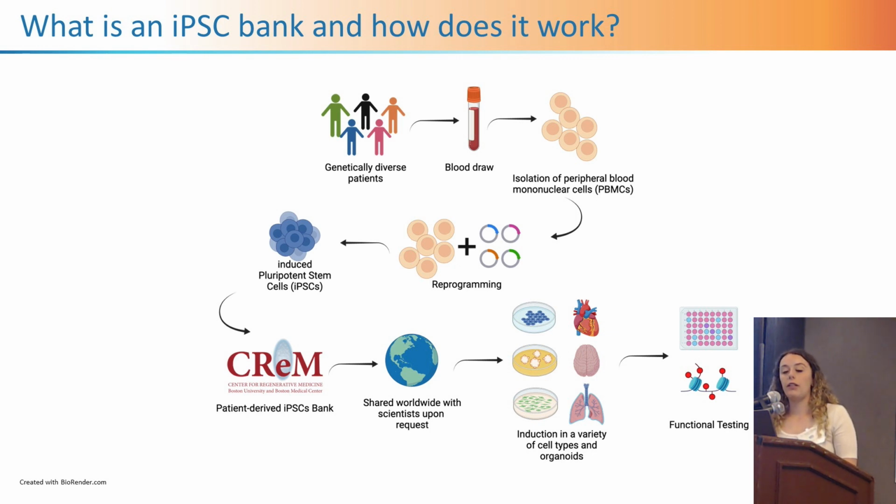And this is going to be held at the Center for Regenerative Medicine, also known as the CREM at Boston University, which I will talk more about in the next slide. And so our goal with this iPSC bank is to have it be open access, meaning that we're going to share this with scientists and researchers who would like to use these cell lines, which then they can incorporate into their research to look at different cell types and different organoids in hopes of leading to different functional testing in hopes of learning more about KAT6.